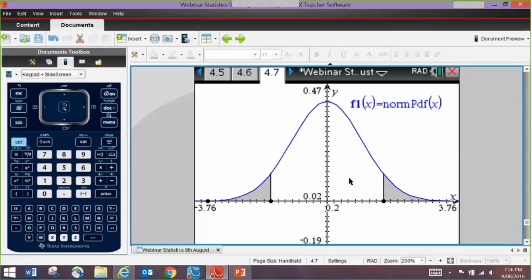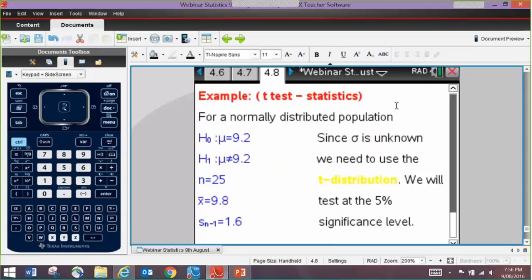So the confidence interval is between here, and the critical regions, the significance testing, is the extremities. And we can then do a t-test or a z-test as before.